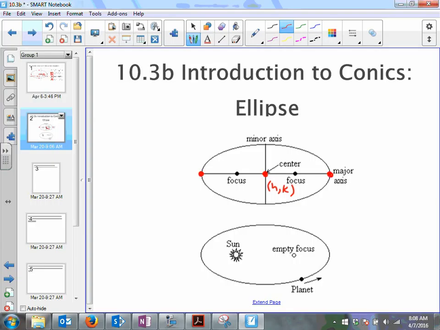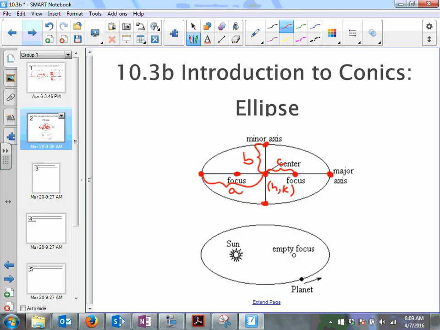Those are A away. Michaela, how far away are these points from the center? Those are B away. Eric, how far are the foci from the center? They're C away.